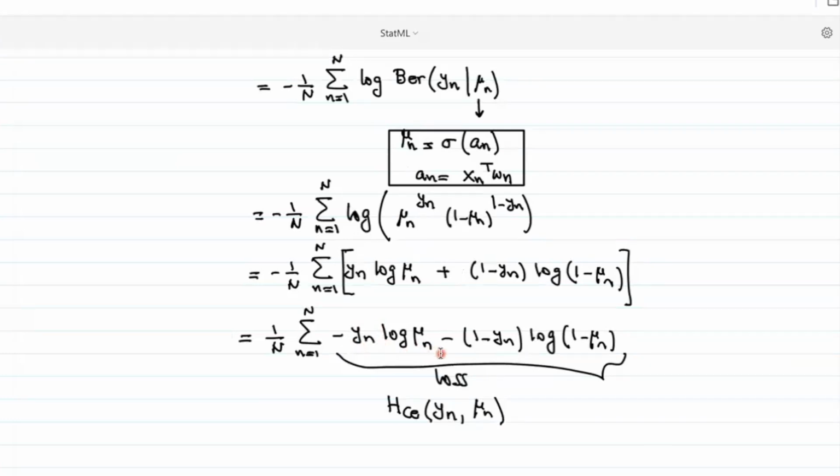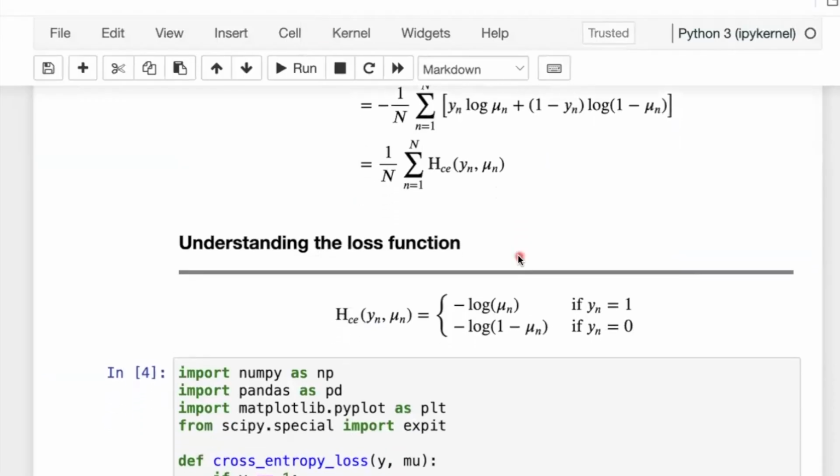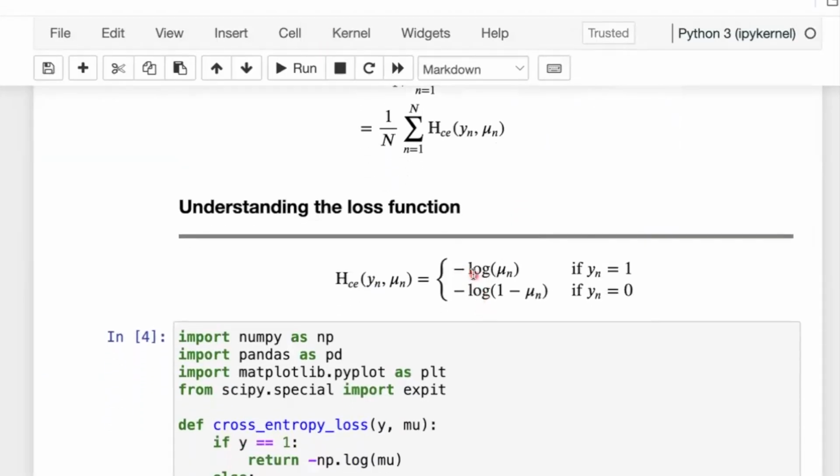And because yn is equal to 1, this term is going to vanish. It's 0. 0 times log is 0. So therefore, what we get is negative yn log of mu n. And yn is also 1, which means that we get negative log of mu n. And we can use a similar strategy and easily show that if yn equals 0, then this cross-entropy loss function is equal to negative log of 1 minus mu n.